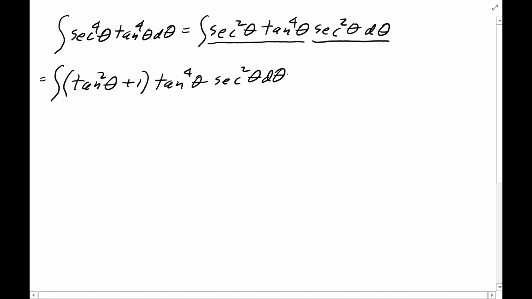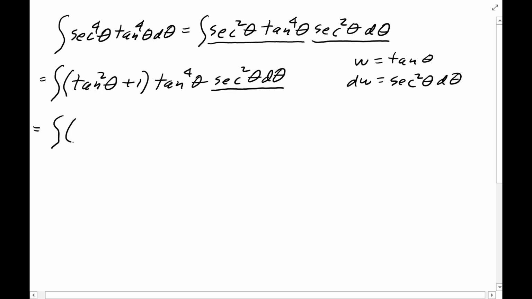And I think we're ready for our substitution. W is going to be tangent theta, and dw is secant squared theta d theta, and right there is the dw. Okay, so tangent squared plus 1 becomes w squared plus 1, then times w to the 4th dw.